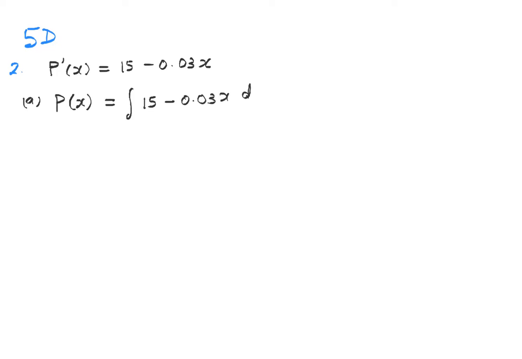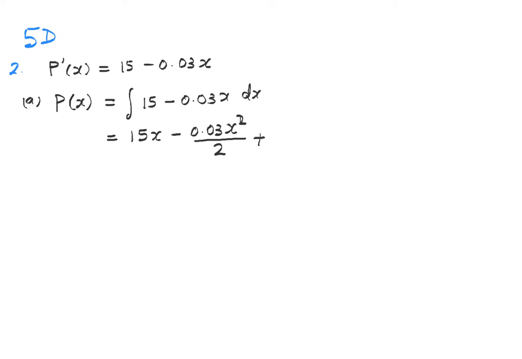So first of all, I have this information, P prime x is equal to 15 minus 0.03x. They want the profit function, so that means I have to integrate this. Okay. So I got 15x minus 0.03 x to the power plus 1 divided by the power, right?